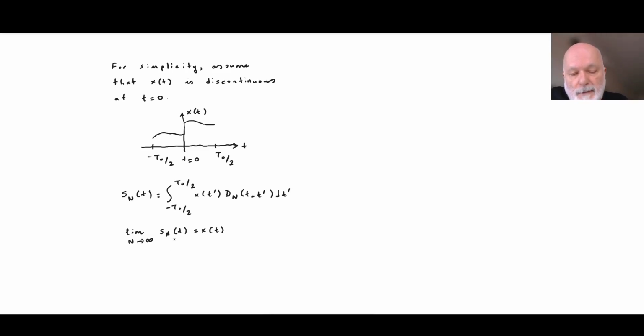And for the Dirichlet kernel, the limit as n tends to infinity of Dn of t minus t prime is simply the periodic impulse train, delta of t minus t prime minus m t0.